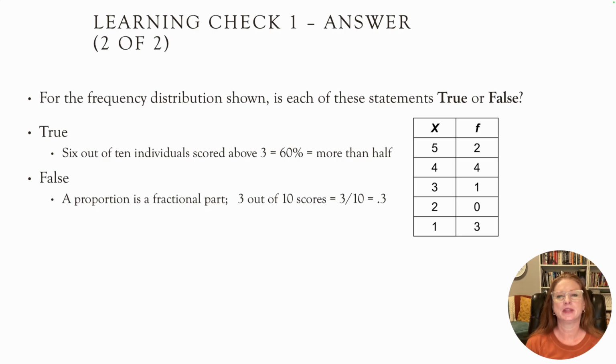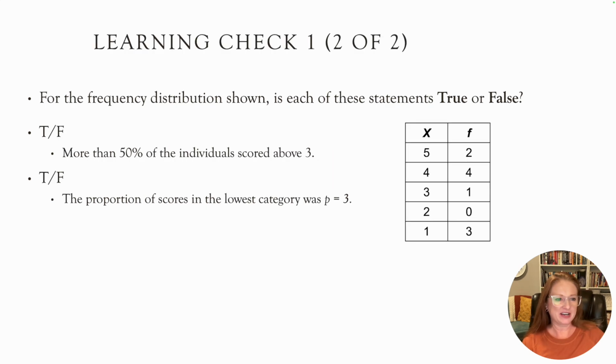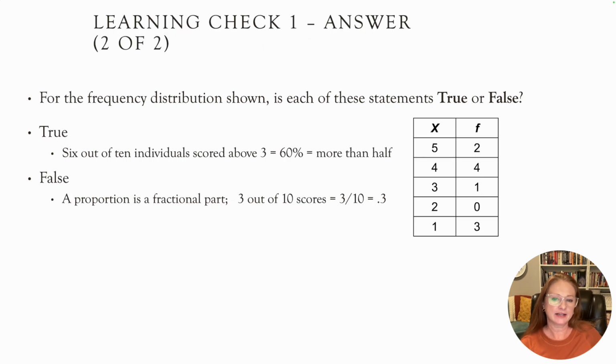Let's break this down. So when I go back up one zoom, more than 50%, that is true, right? Because 6 scored above 3. If you go back to our third grader example, 2 of my third graders jumped 5 inches or higher, and 4 of my third graders jumped 4 inches or higher.